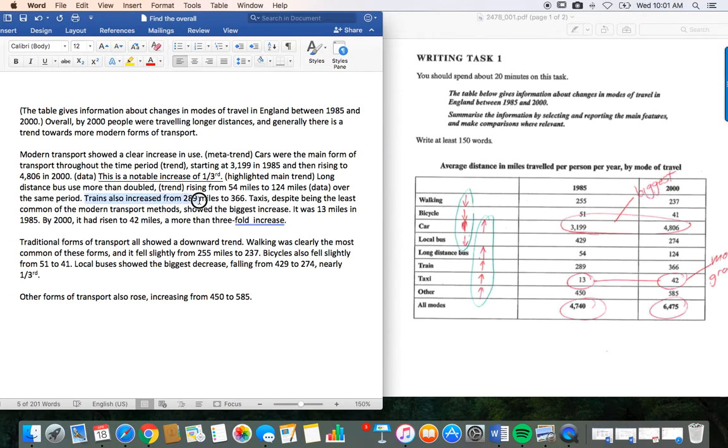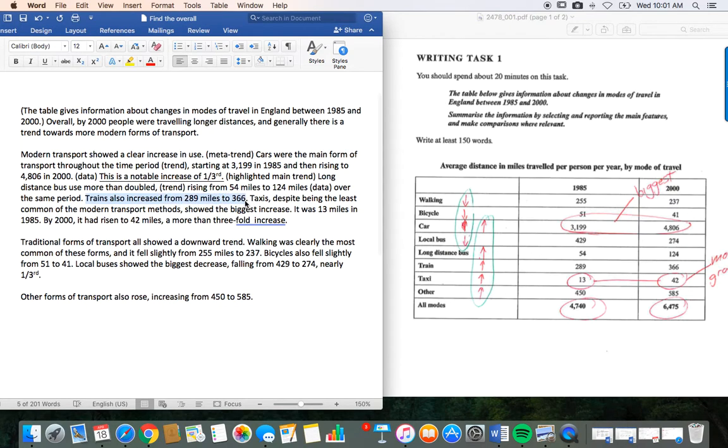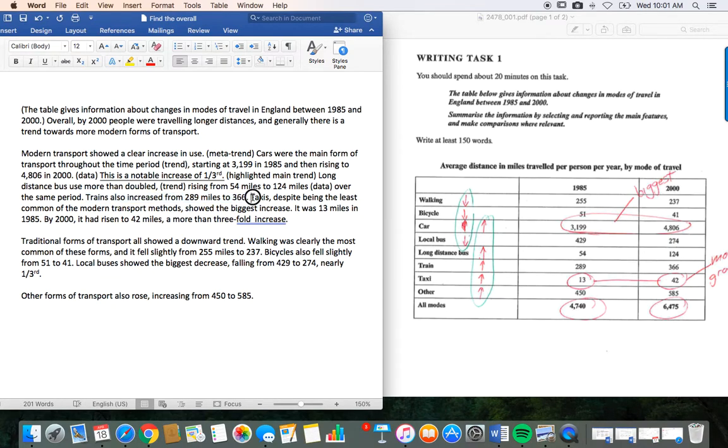Trains also increased from 289 miles to 379. All right, so I haven't really talked a lot about here. Again, not the most important. I don't really need to talk a lot. But then this one, really important. Taxis, despite being the least common of the modern transport methods, showed the biggest increase. All right, so I've shown the trend. I've highlighted the trend.